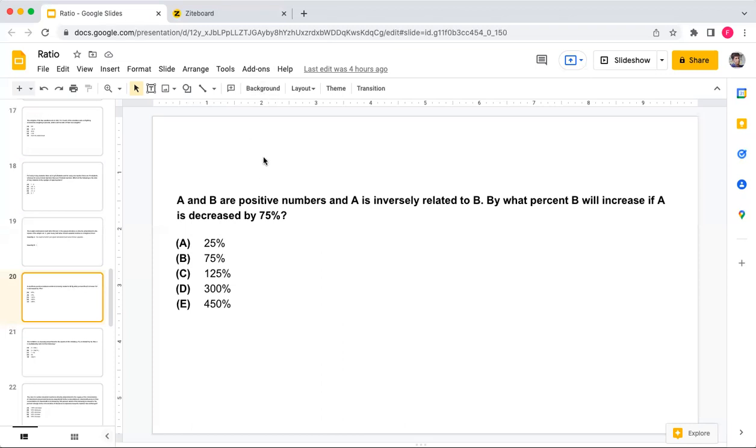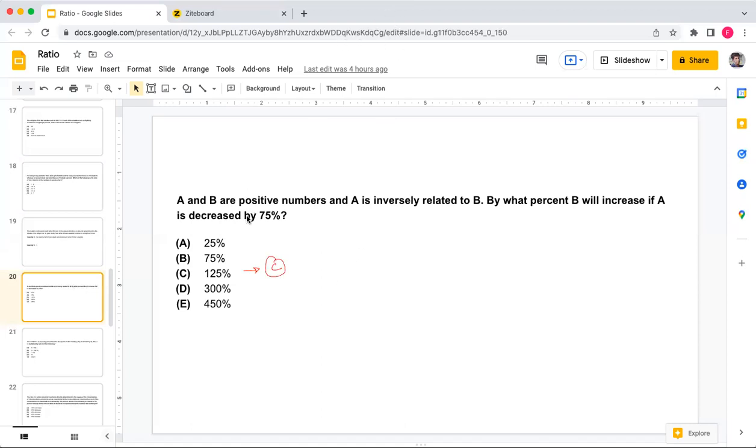Okay, so what's the answer to this question? C, maybe. Any other answer? No one?